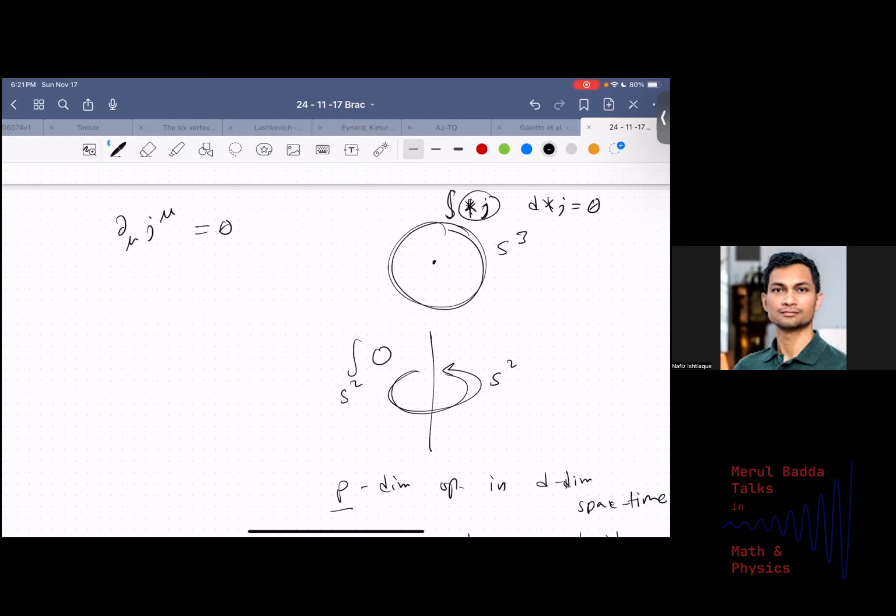So here I need something such that d of that something is 0. All right, and if you write this in components, you will find del mu of something nu rho, epsilon mu nu rho sigma, equals 0.